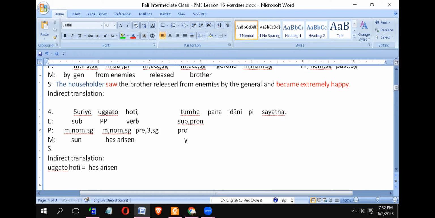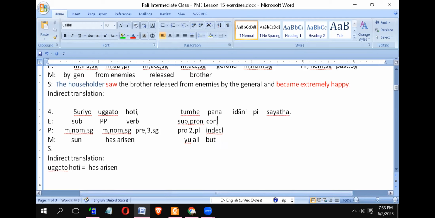And then pana, I put as a conjunction. In Pali it is indeclinable, and the meaning can be but or moreover.